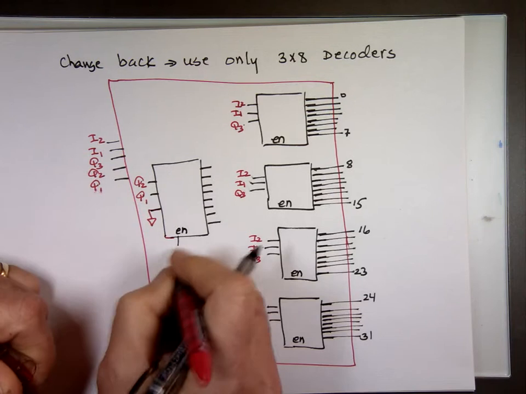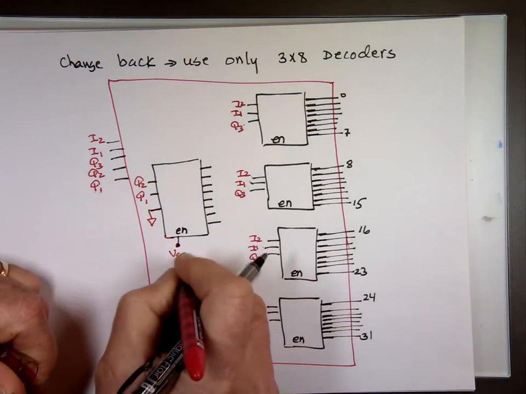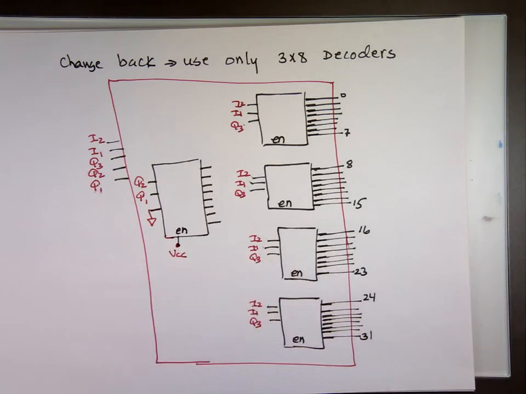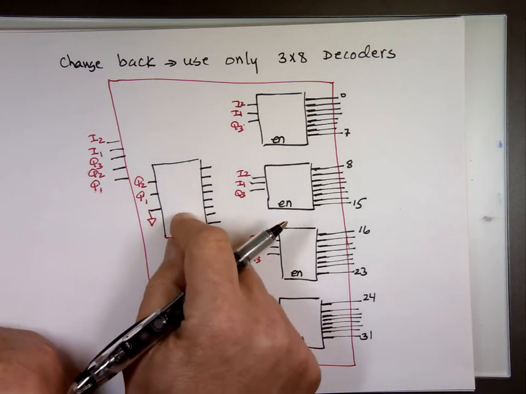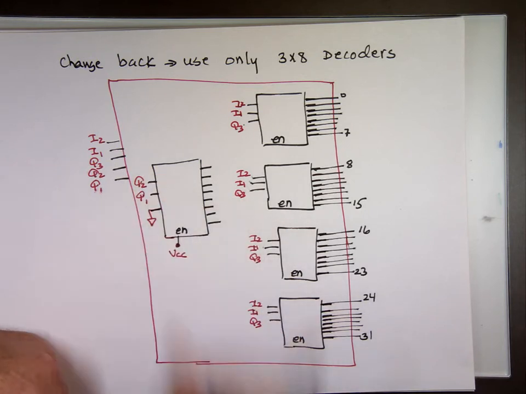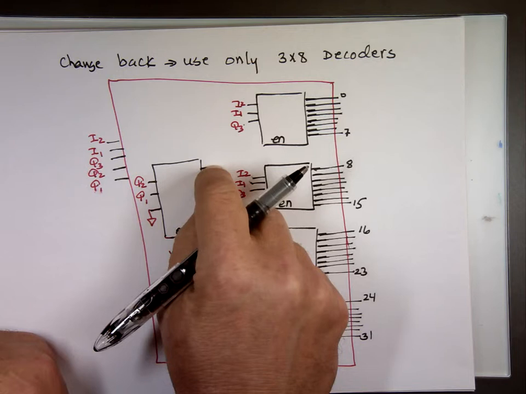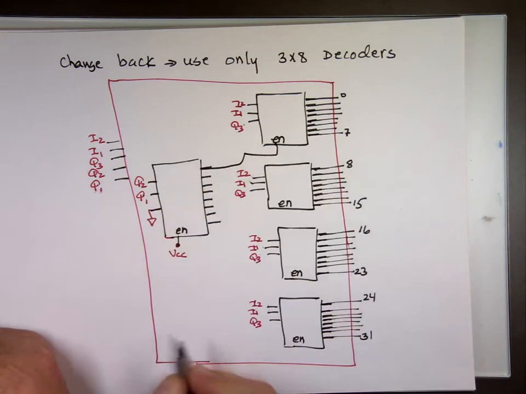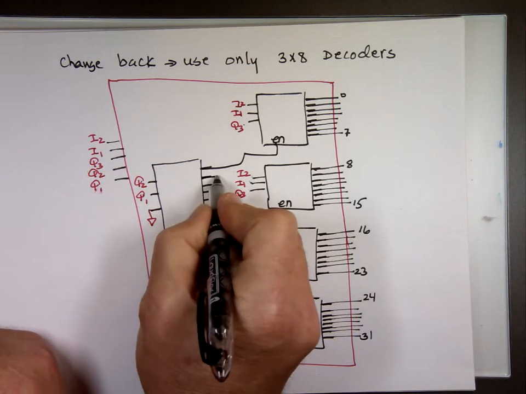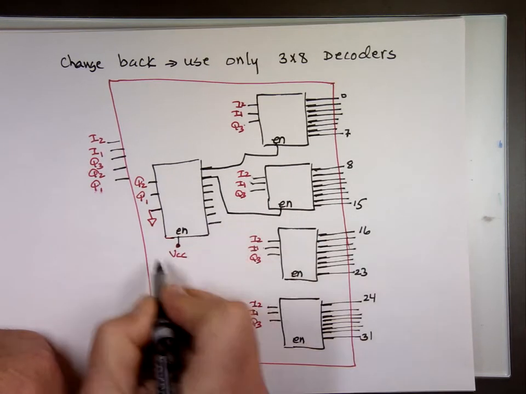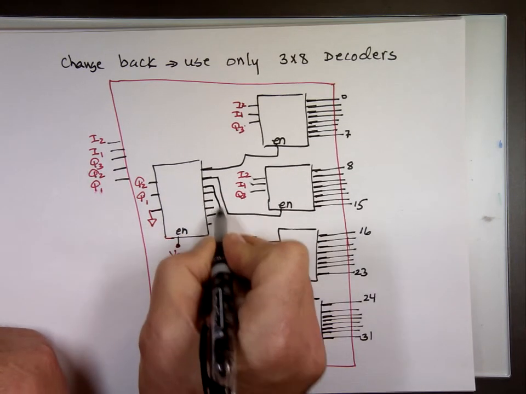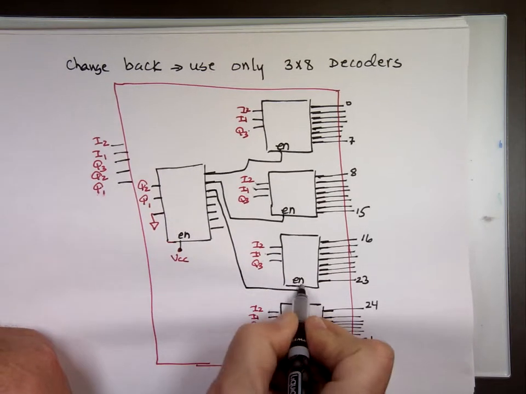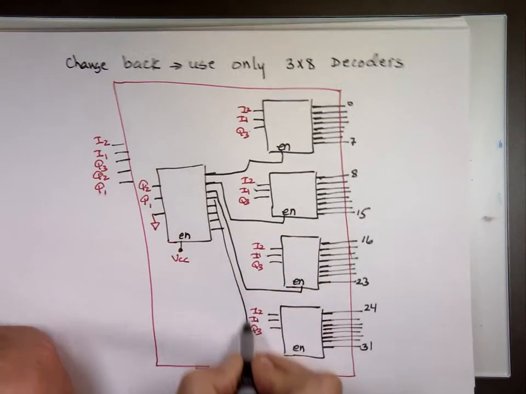It's always high, this one. So this chip is always on. What happens when I put 0, 0? This guy is going to be on. That is my first chip enable. 0, 1, this guy is going to be on. 1, 0, and 1, 1. And I'm not using the other ones.